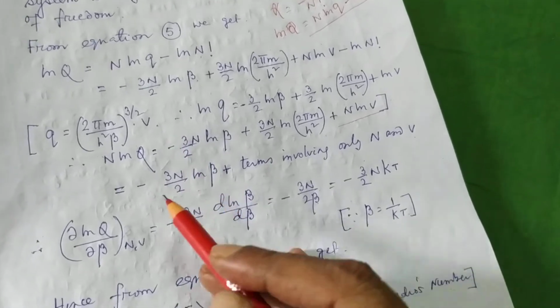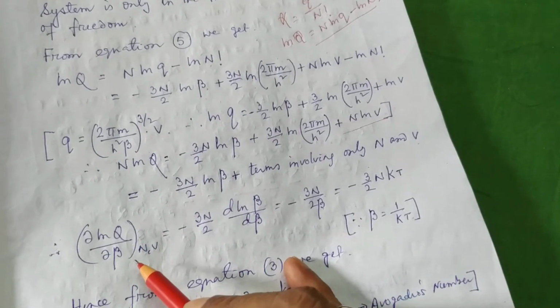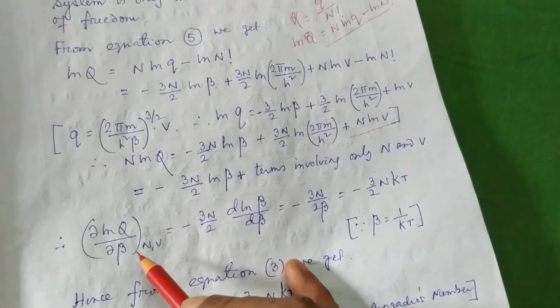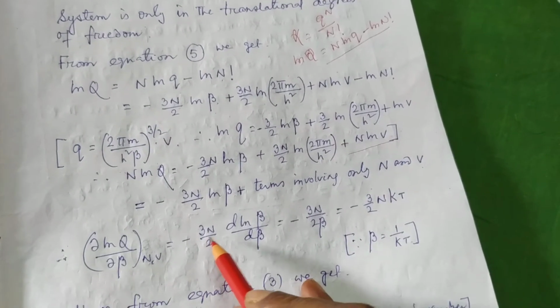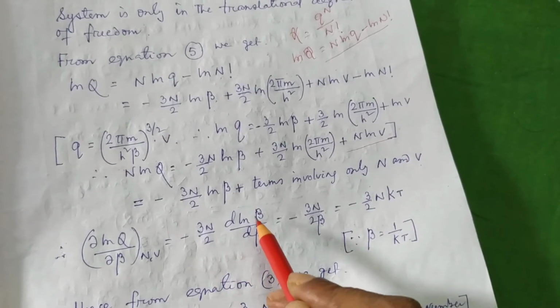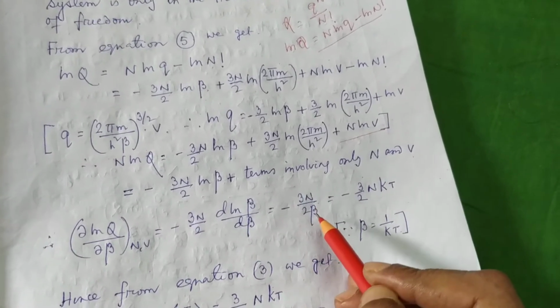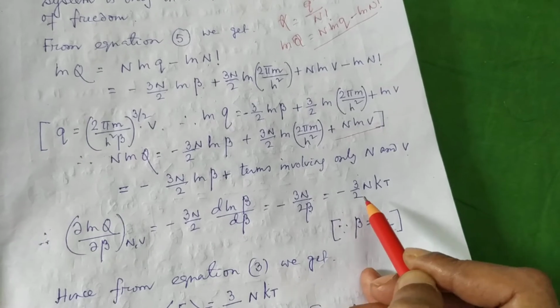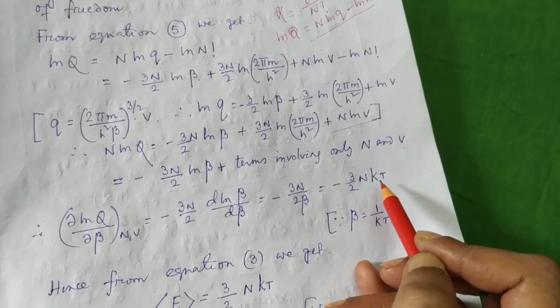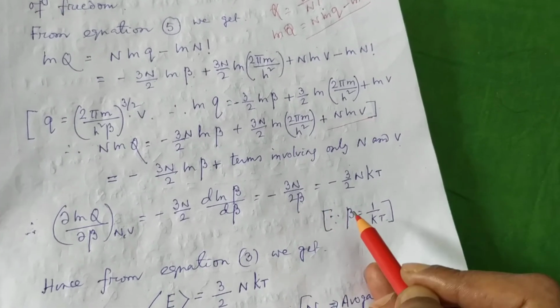Therefore, if we differentiate ln Q with respect to beta at constant N and V, we get minus 3N by 2 d ln beta by d beta, which equals minus 3N by 2 beta, which equals minus 3 by 2 N kT, since beta equals 1 upon kT.